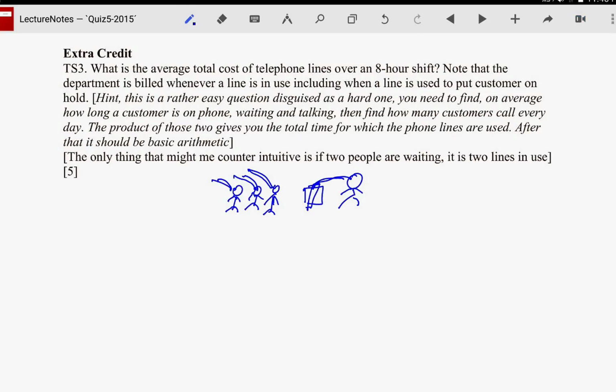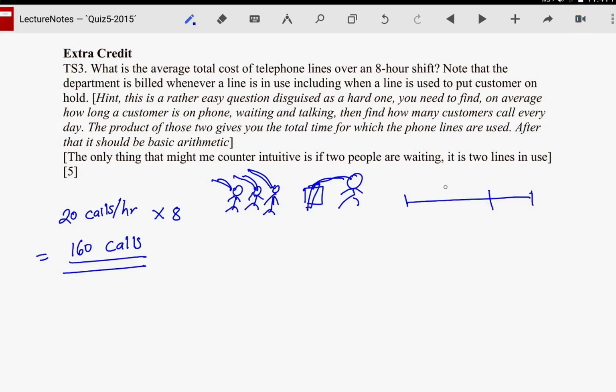But if you think of it in a slightly opposite way, remember, you know that the calls arrive at the rate of 20 calls per hour. You also know there are 8 hours. So you know altogether you're receiving 160 calls every day, right? You also know each call has to wait for 2.5 minutes on average.